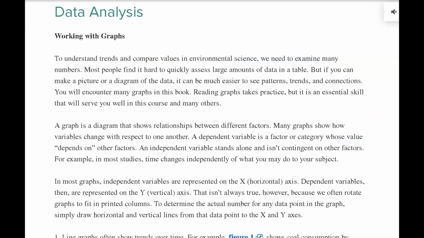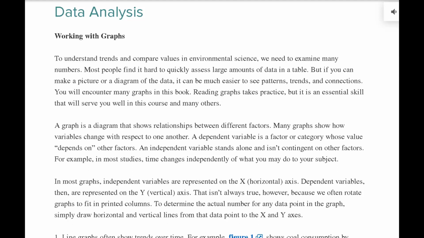So let's summarize what we know about graphs. Graphs can be of different types, and the three most common types of graphs are, number one, line graphs. Number two, bar graphs. And number three, pie graphs or pie charts.